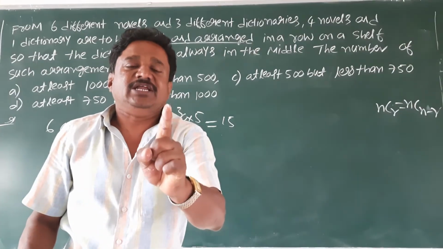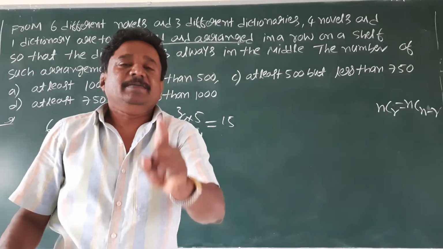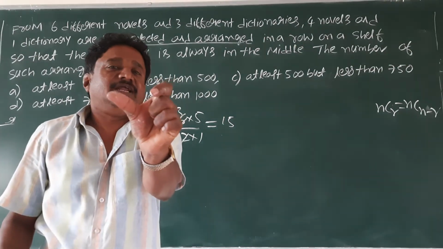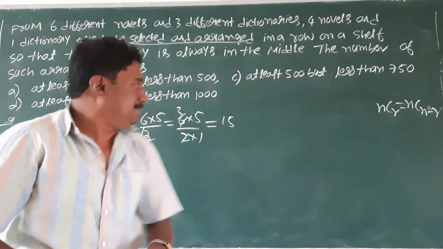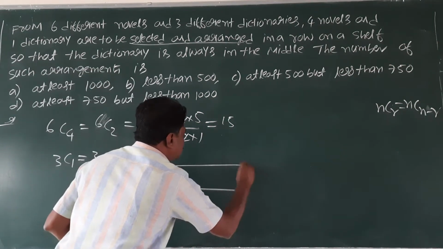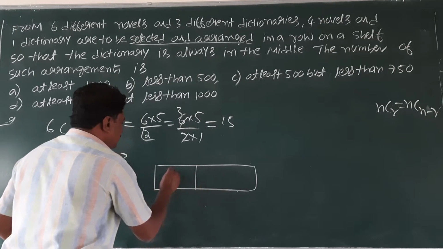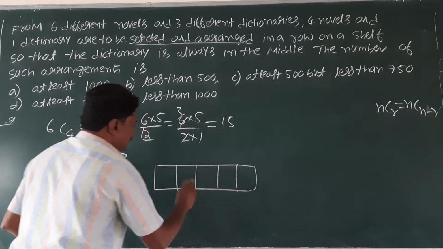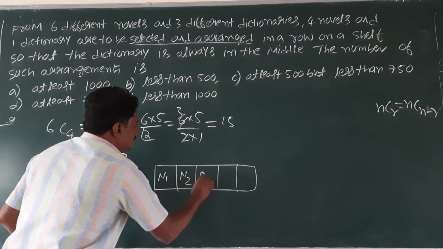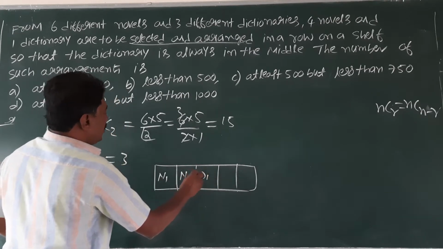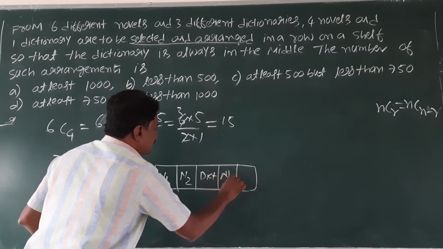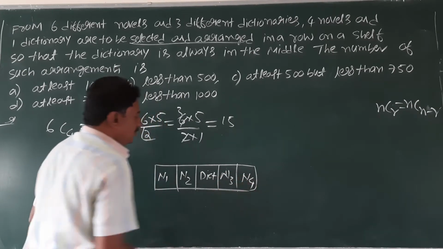So write novel 1, novel 2, dictionary, then novel 3, novel 4.